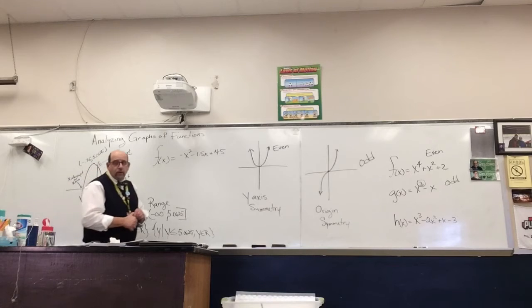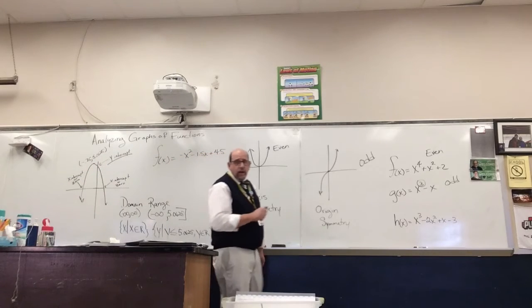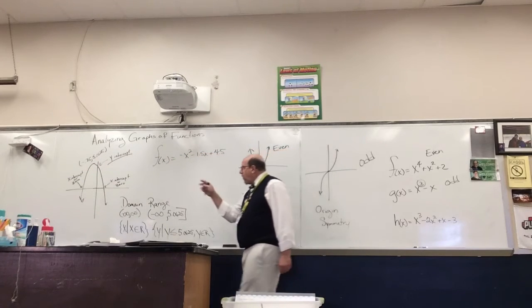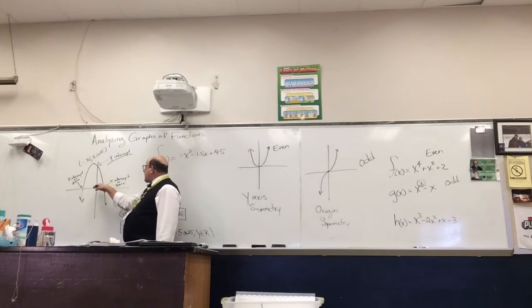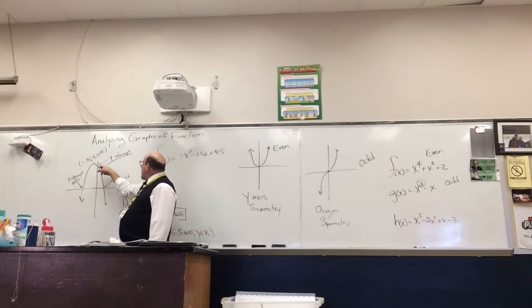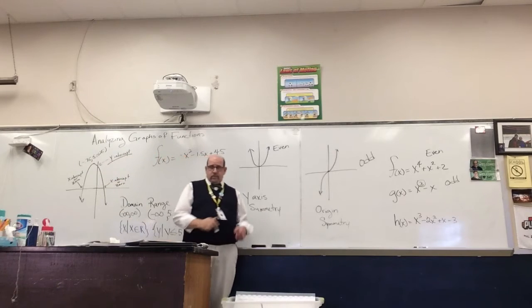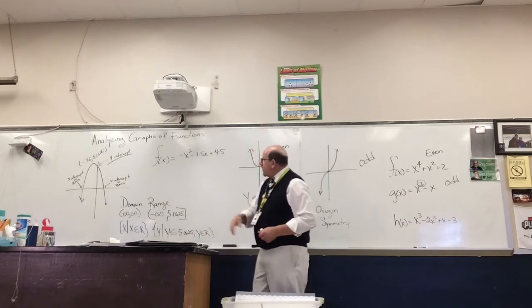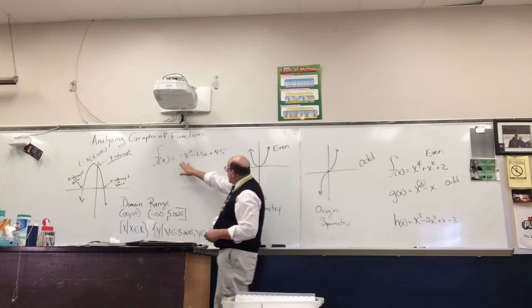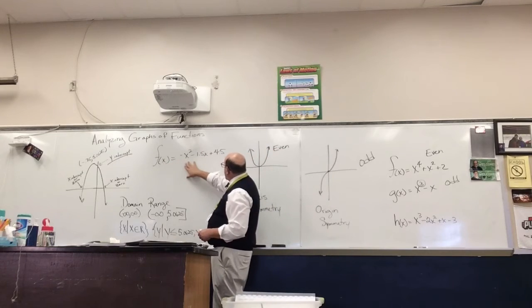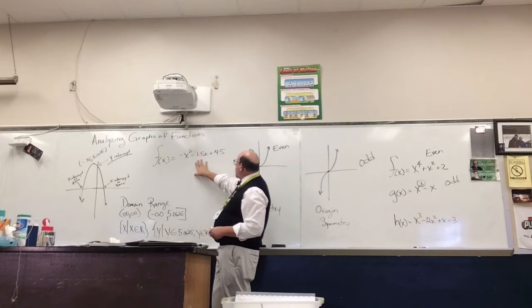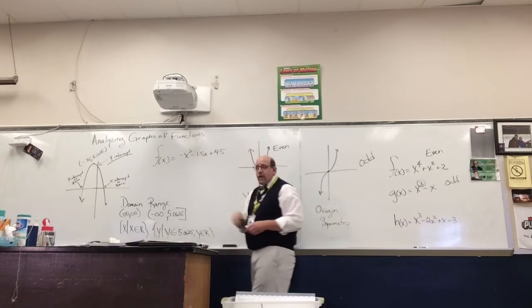I hope you all understand what x and y intercepts are, right? It's those points where the graph touches the x-axis, that's the x-intercept, and the y-intercept is where it crosses the y-axis. Now, for this function that we were given, function of x is negative x squared minus 1.5x plus 4.5.